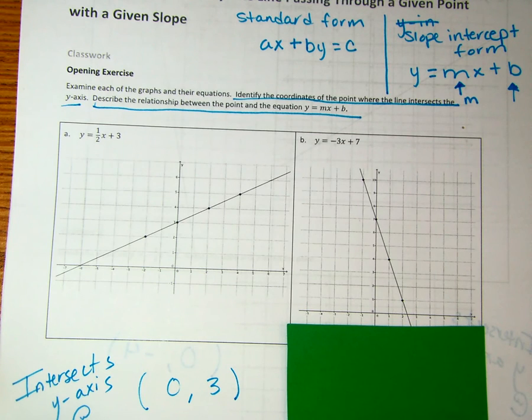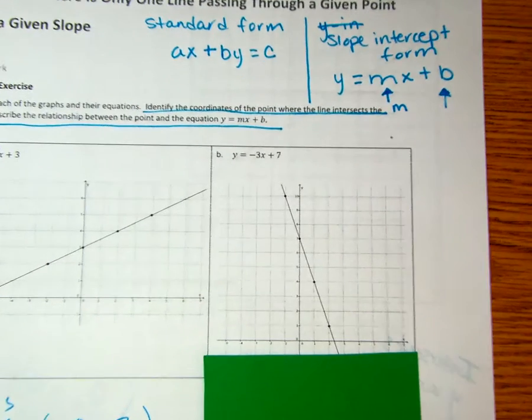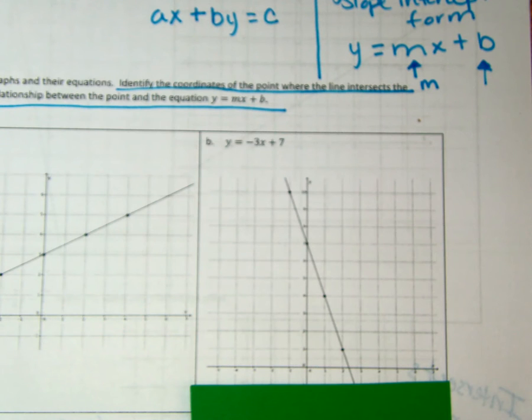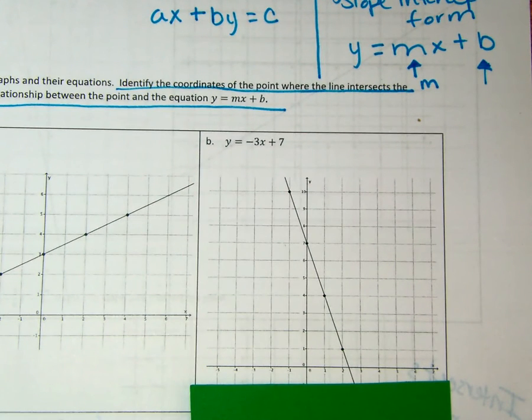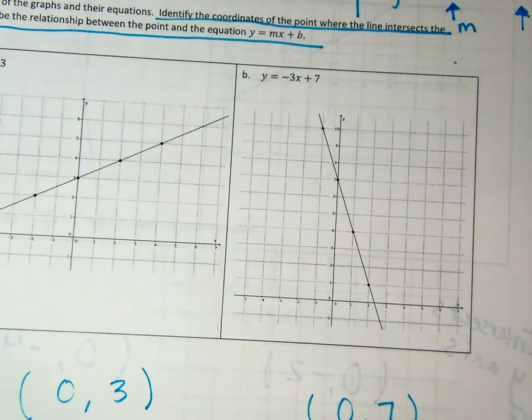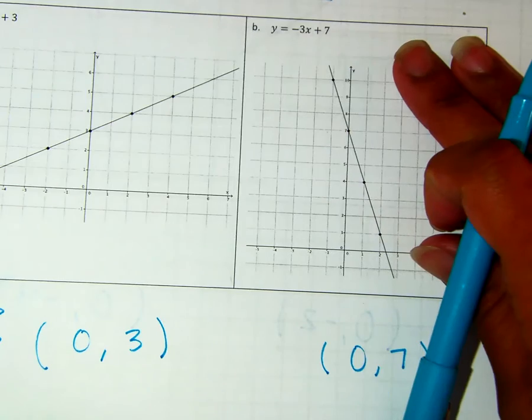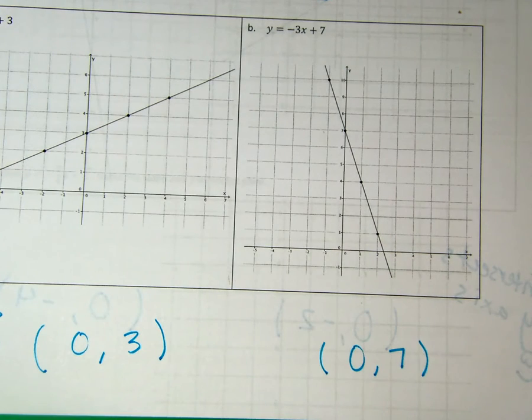Let's look at graph B. Where does the line intersect the y-axis? Yeah, you should have said it intersects at 0 and 7.